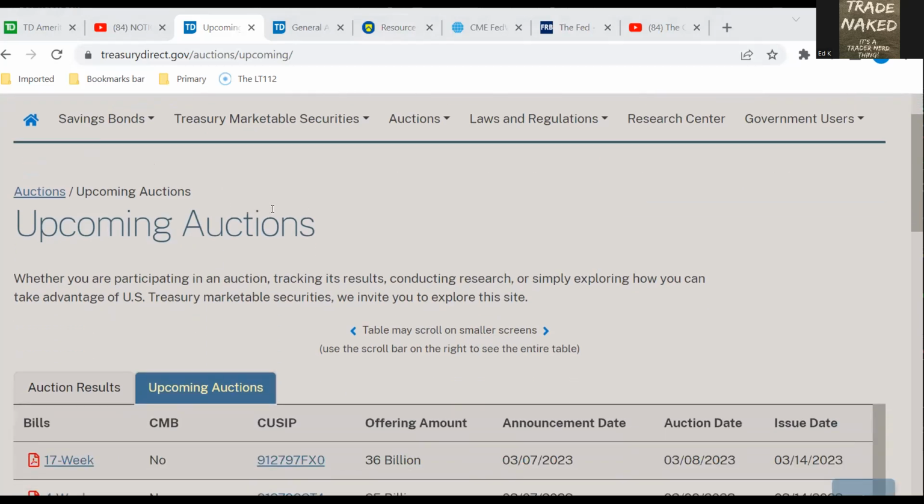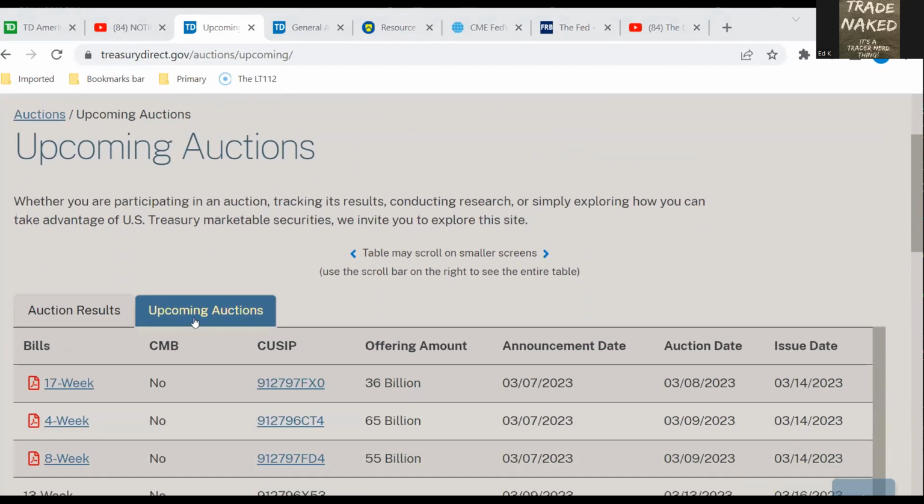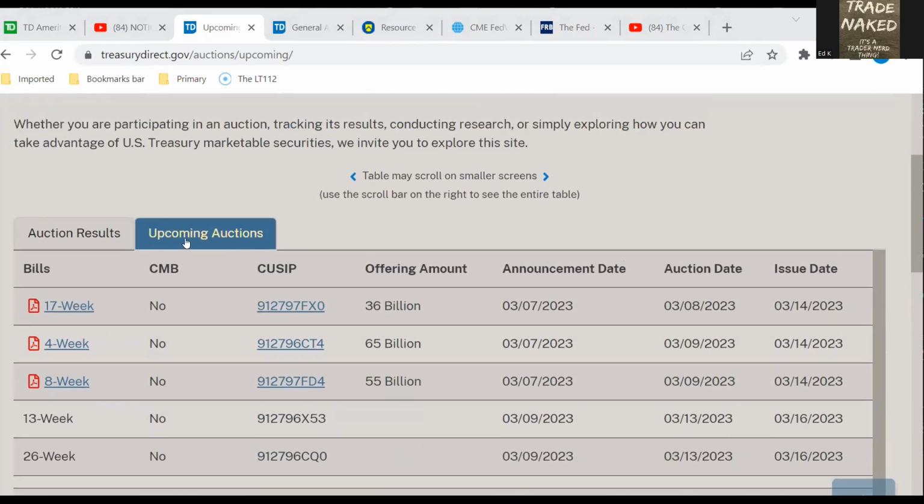You can buy savings bonds, I bonds, other things here. And you can also look at auctions. So we're looking at upcoming auctions and auction results. So this is for upcoming auctions. Right now, these in blue are the ones that are live and able to have orders entered for.